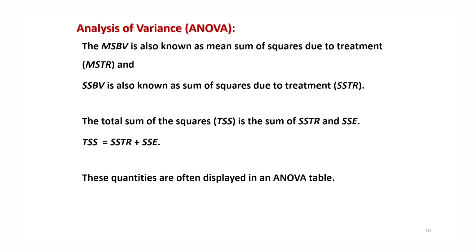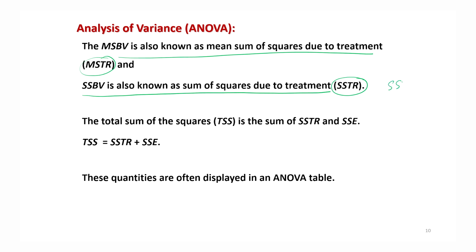Now this MSBV is also known as the mean square due to treatment, and it is indicated as MSTR in various books. And this SSBV is also known as the sum of squares due to treatment, and in many books you will see it indicated by SSTR.